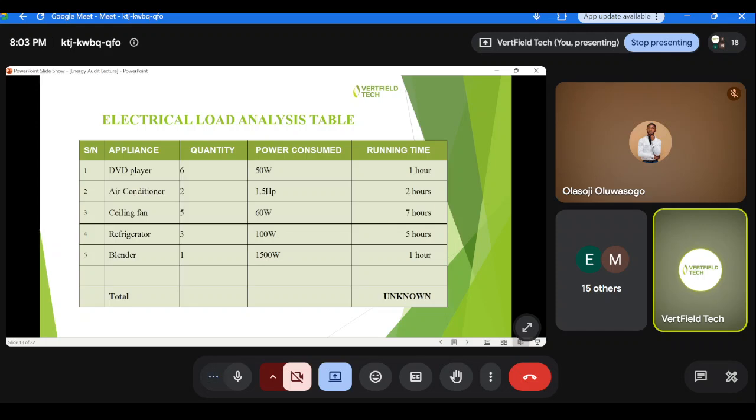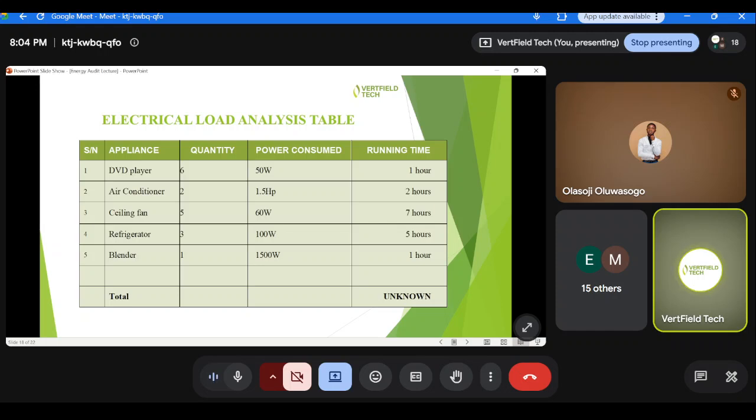How can we run a load analysis on this table? It is very simple. What we are to do is to use a formula, and that formula states that energy need, or energy consumed, is equal to quantity of appliance multiplied by power consumed multiplied by the running time.